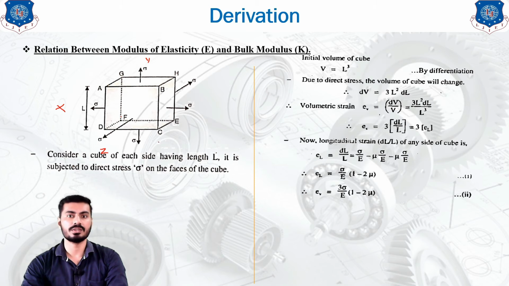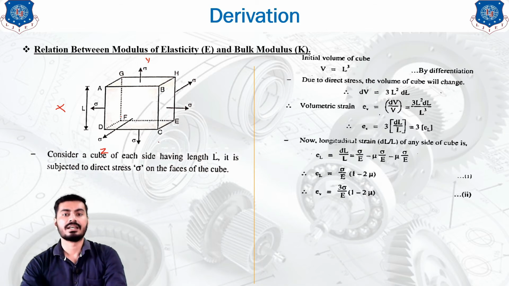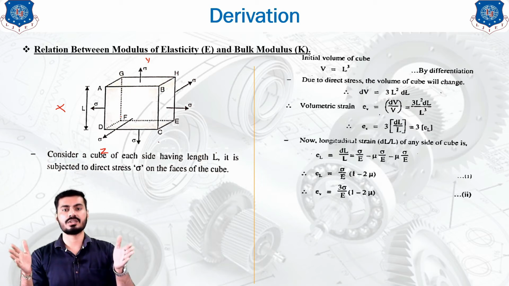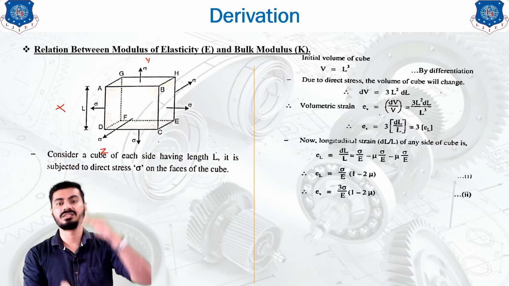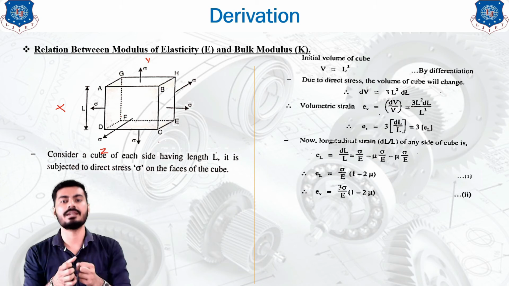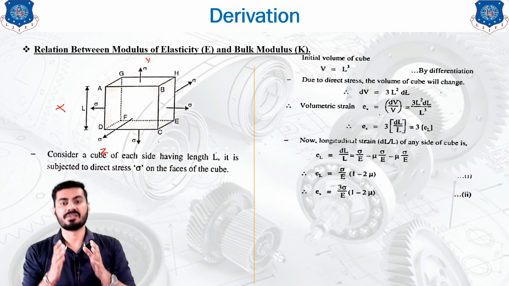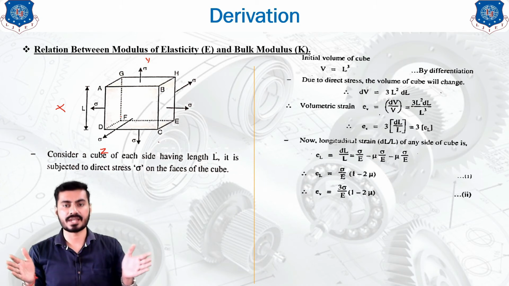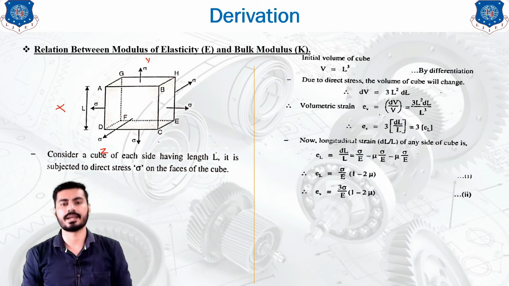Now the longitudinal or linear strain of any side of the cube is delta L upon L. Due to the three mutually perpendicular stresses, one stress will increase that longitudinal dimension, and the other two mutually perpendicular stresses will decrease it, so the increase is written with a positive sign and the decrease with a negative sign.